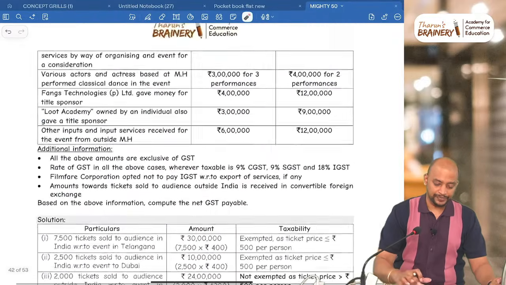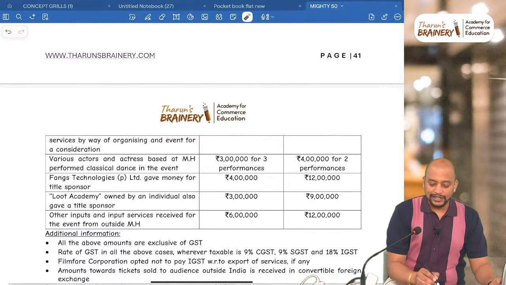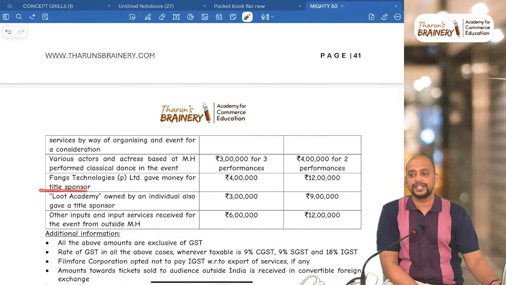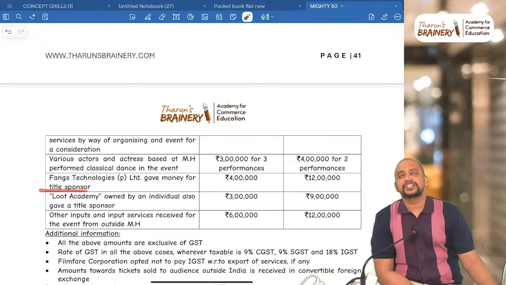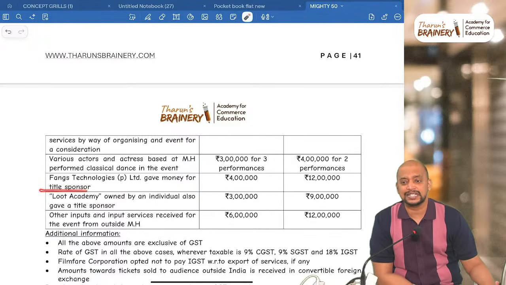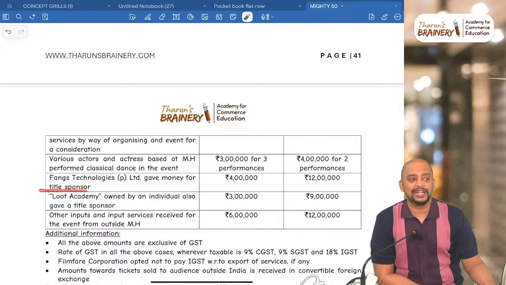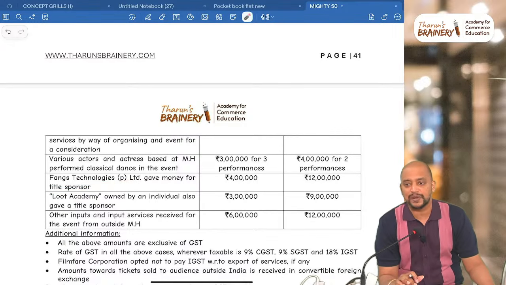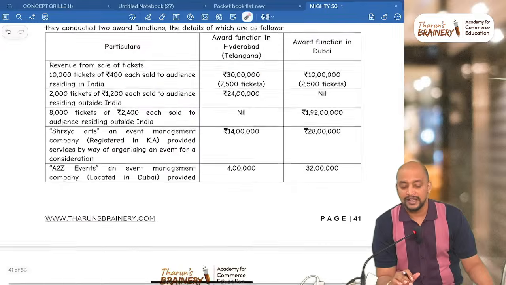Next. Fangs Technologies Private Limited gave money for title sponsor. What about this sponsorship? Sponsorship is covered under RCM if the supplier is other than body corporate and recipient is body corporate or firm. Who is the recipient? Fangs Technologies Private Limited. It's an outward supply for Filmfare.